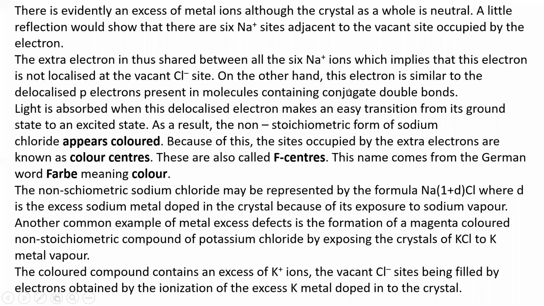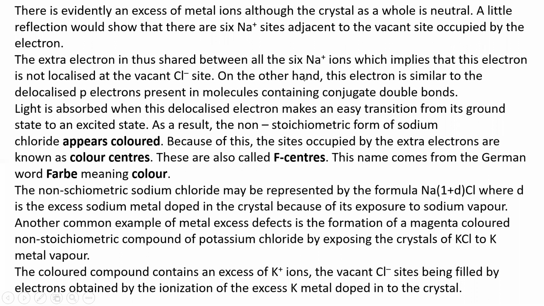There is evidently an excess of metal ions all through, though the crystal as a whole is neutral. A little reflection would show that there are 6 sodium ions adjacent to the vacant site occupied by the electron. The extra electron is thus shared between all the 6 sodium ions, which implies that this electron is not localized at the vacant Cl minus site.